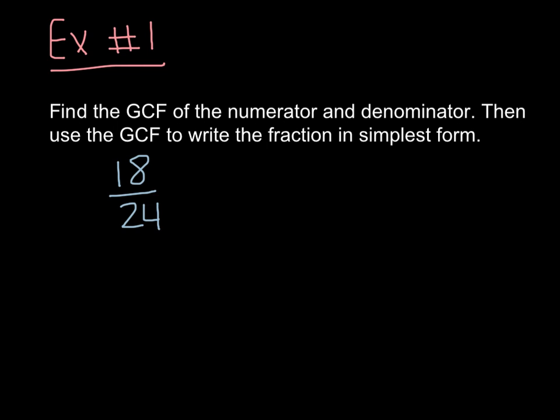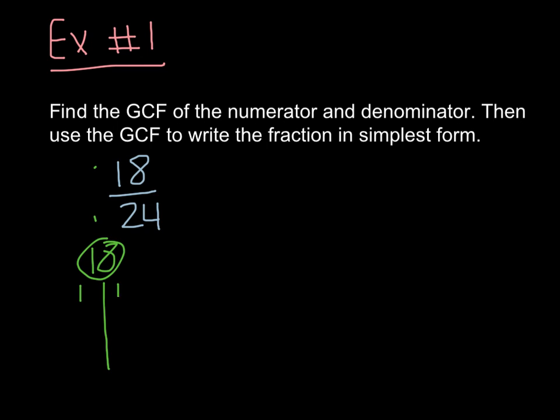Alright, so we have example number 1. They want us to find the greatest common factor of the numerator and the denominator. Then use the greatest common factor to write the fraction in simplest form. Alright, so our first step is to find the greatest common factor of 18 and 24. So let's go ahead and list the factors of 18.